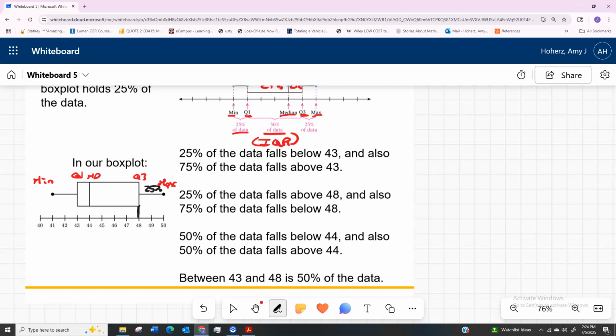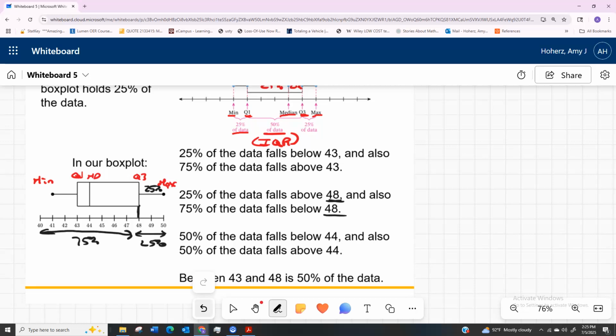So 25% of the data falls above 48. So 25% of it is here. But that means that 75% of it is below that, because together that has to be 100%, because that's all of the data. So you could say 25% falls above the 48, or you could say 75% falls below 48.